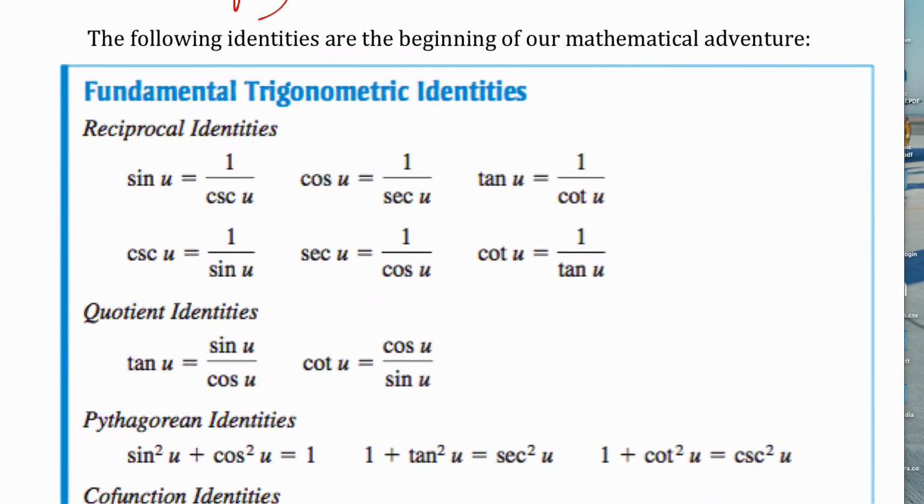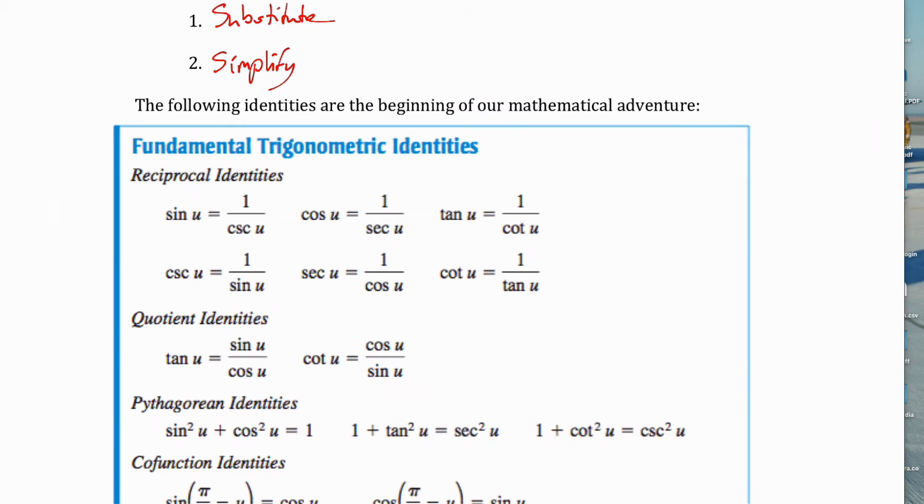Now, the Pythagorean identities are kind of new. So the first one, sine squared plus cosine squared equals 1. That's honestly probably going to be one of the most frequently used Pythagorean identities for our class. Now, thinking about good old Pythagoras, the Pythagorean theorem has to do with the right triangle.